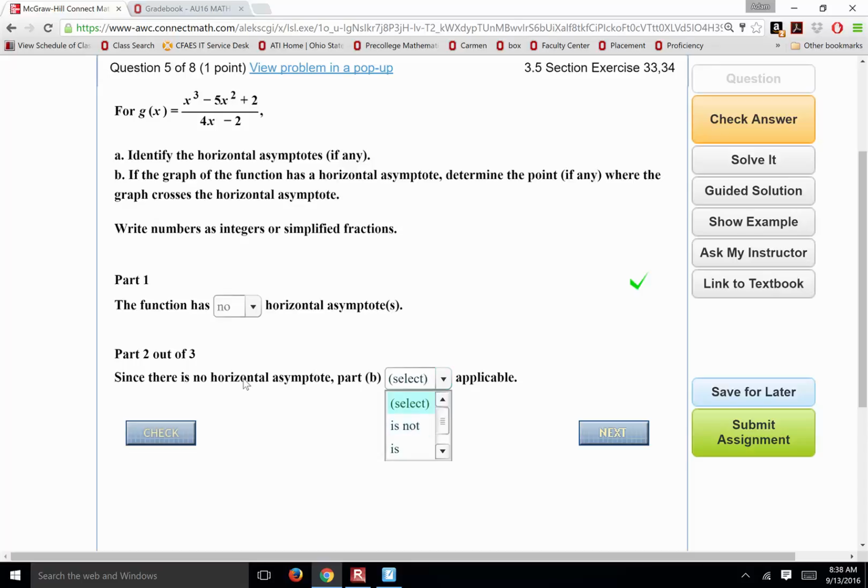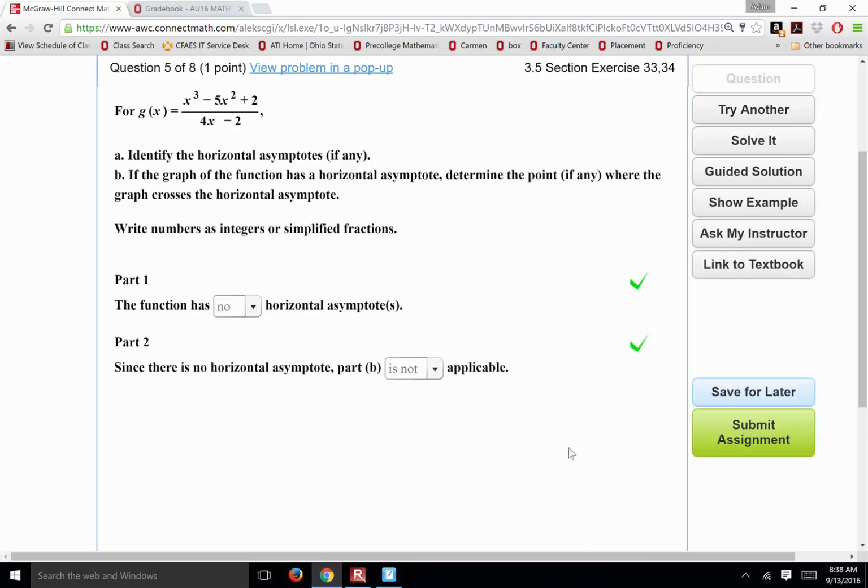If there is no horizontal asymptote, can your function cross this horizontal asymptote if it's absent? No. Part B is not applicable. This was a 10-second question. You just read the numbers and compare.